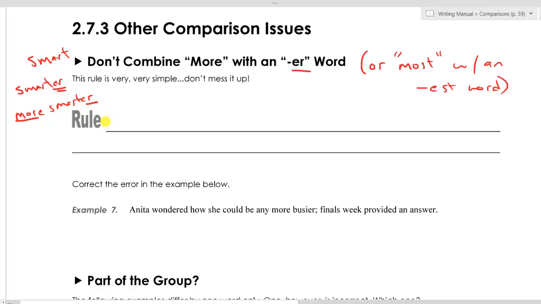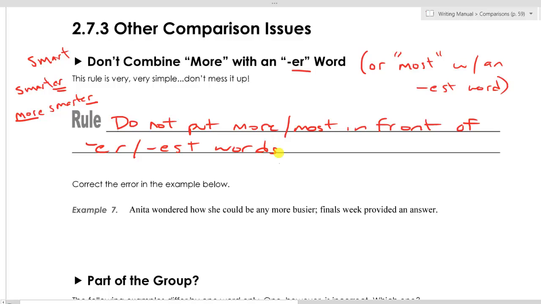That is obviously redundant and really weird. So don't do that. Do not put more or most in front of ER or EST words. Never want to do that. So in example 7, read it all the way through, press pause, try it on your own.